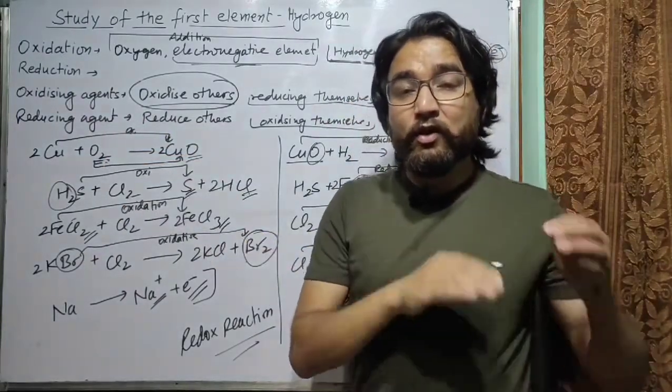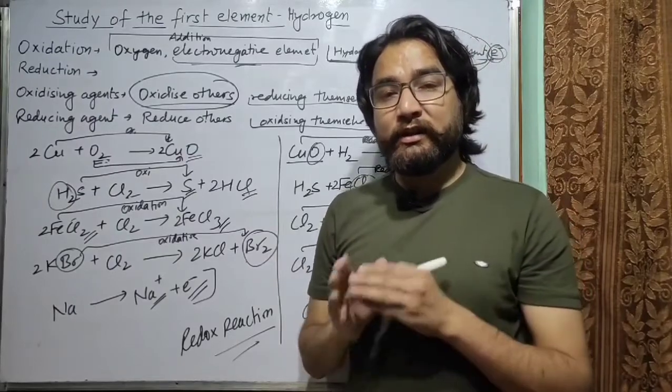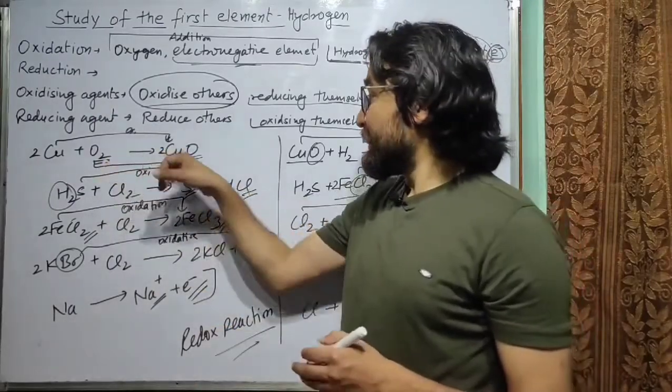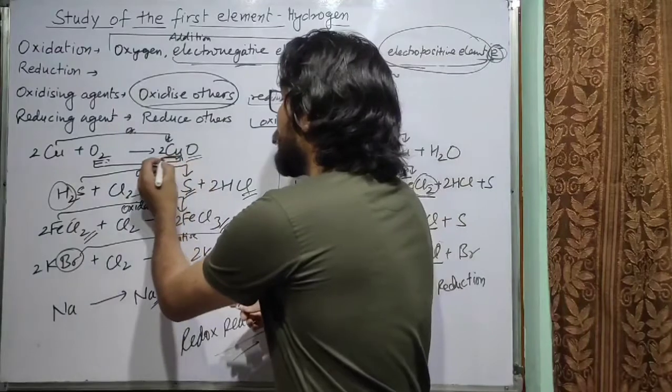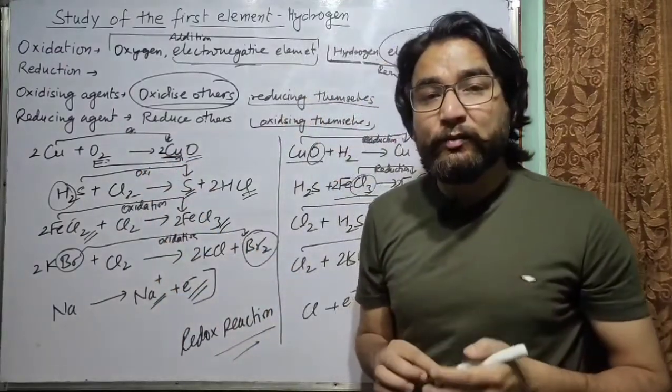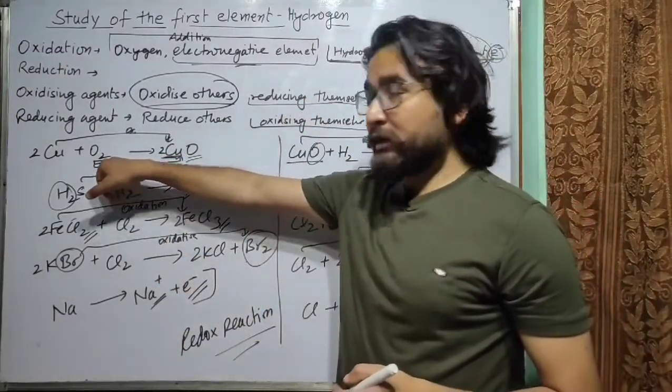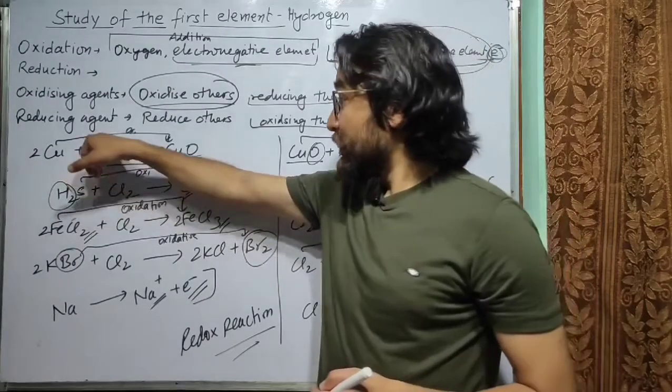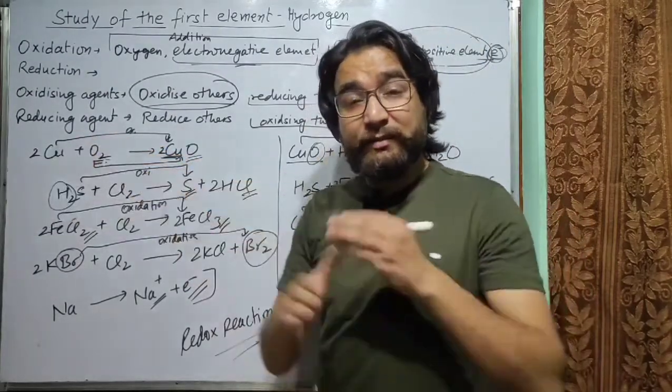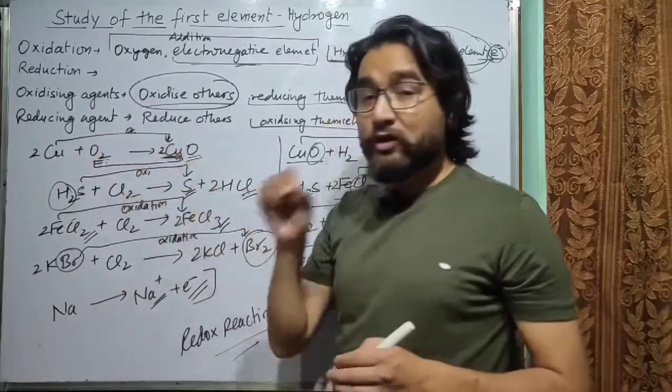Because copper is added to oxygen, that is the addition of electropositive element, because copper is electropositive element. So reduction of oxygen is taking place. Oxidation of copper is taking place, but simultaneously reduction of oxygen is also taking place.